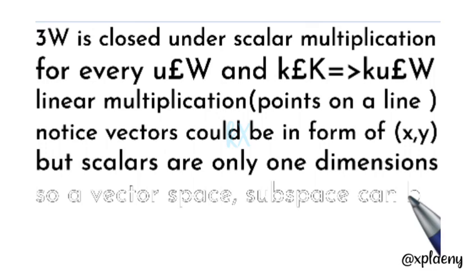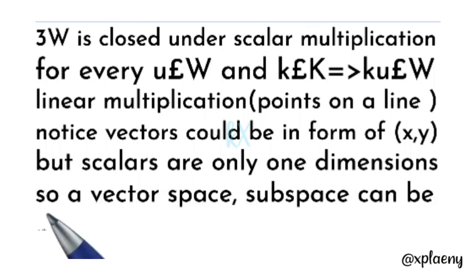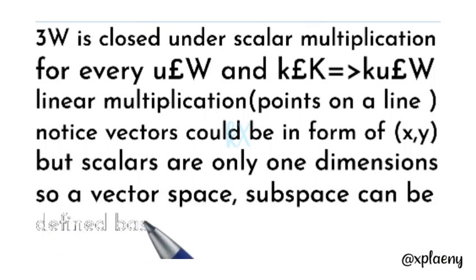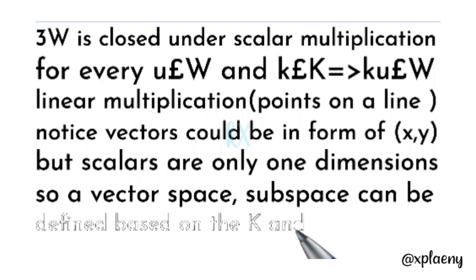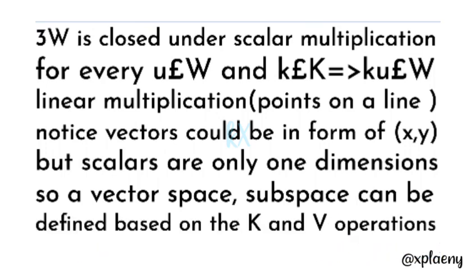You could also change the question in such a way that it only multiplies x. So depending on the rules given, that's what you are going to use for solving or proving the vector space. But this time around we are doing subspace. So a subspace can be defined based on our scalar and vector equations, like I said earlier.